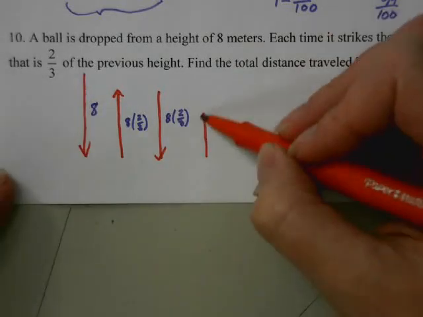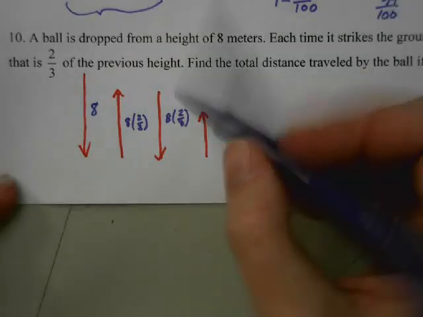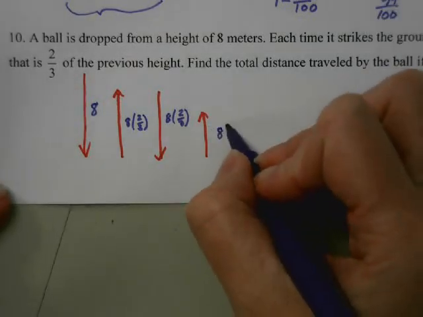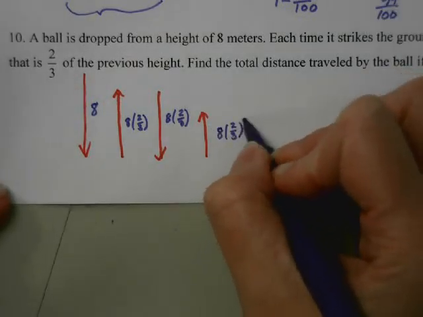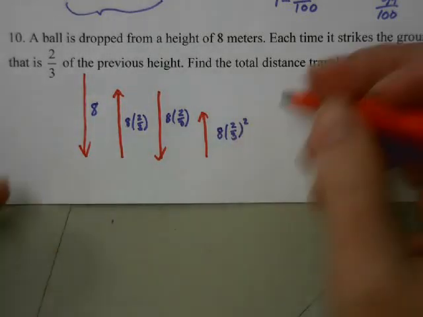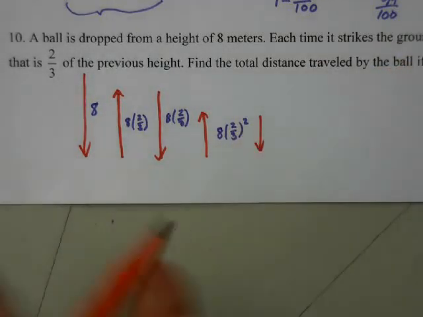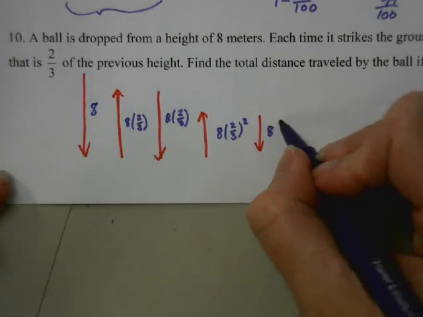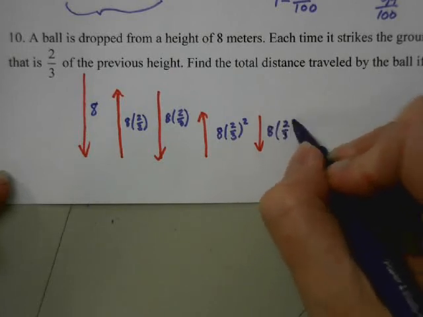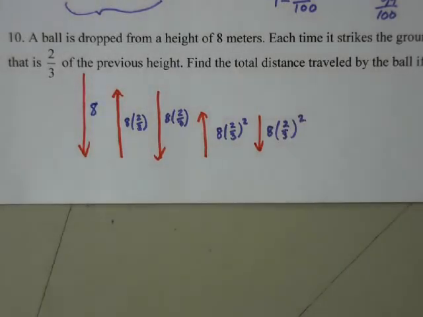Then it's going to bounce back up 8 times 2/3 times another 2/3. And I'll do one more down. So this one is sort of a geometric series with a common ratio of 2/3.